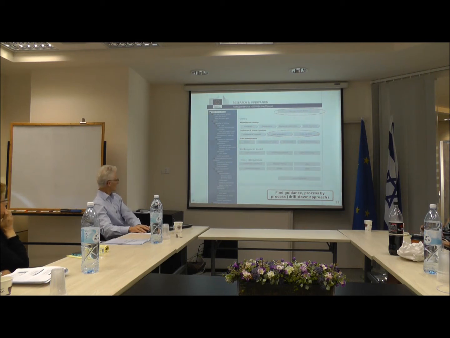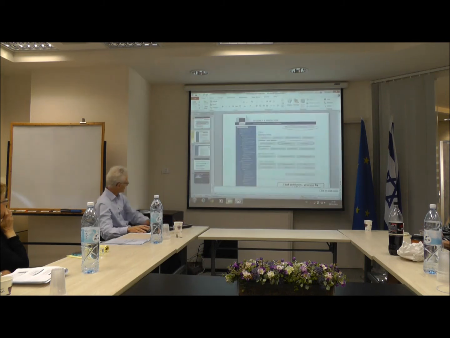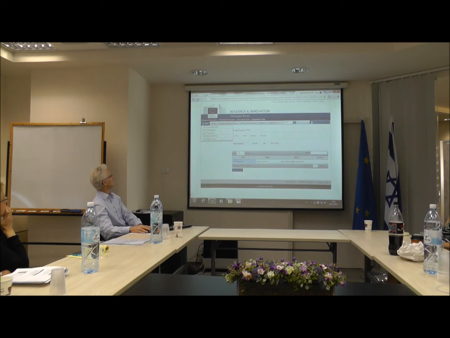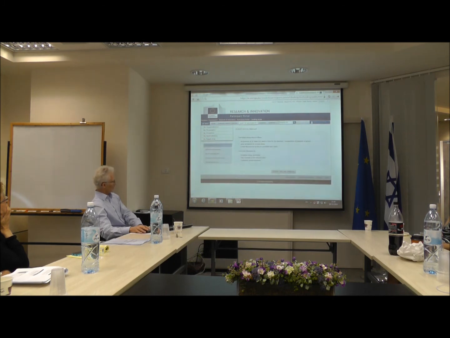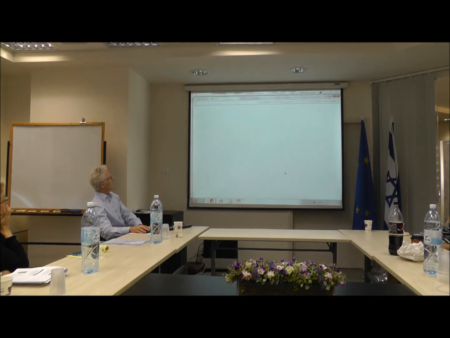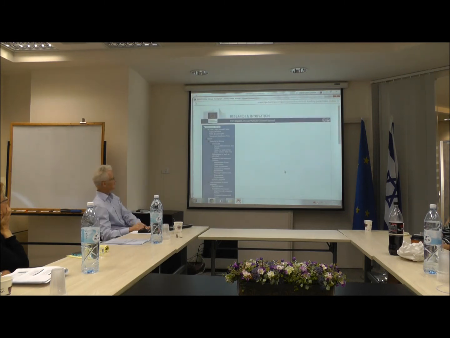So maybe I can go directly to the system for a moment. So it's under the how to participate, where you have the H2020 online menu, and when you click here, your internet is very fast. Or is it not?